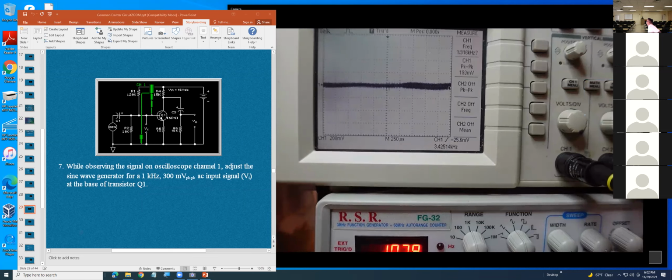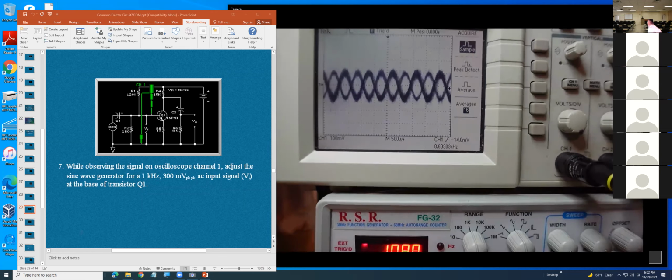Try auto set measure. See, that means the signal is too small. I try to increase the generator. Okay, auto set measure.